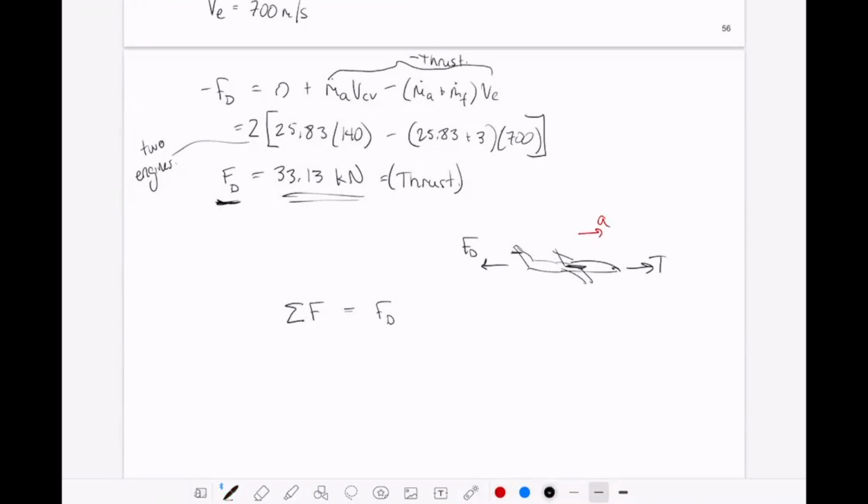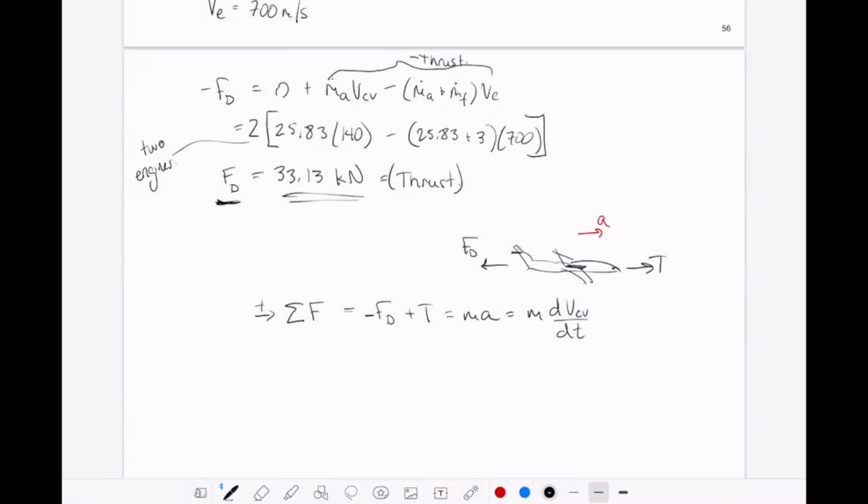So the total forces acting on the aircraft, where the thrust we can calculate from that fluid flow. The drag force is in the negative direction, so minus drag, let's say this is positive, plus thrust is equal to mass times acceleration. Which we said up above was our mass times the acceleration of our control volume.